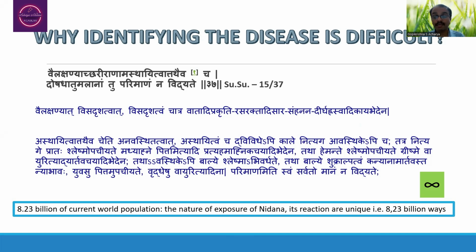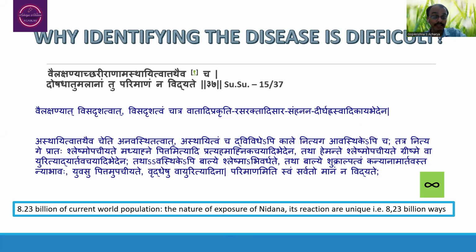Similarly, in terms of season, in Hemanta Rutu there will be Kapha dosha accumulation, and in Grishma Rutu, Vata dosha Sanchaya may take place. Whereas in terms of Avasthikata, that is in terms of the stage, in childhood there will be Kapha dosha dominance.